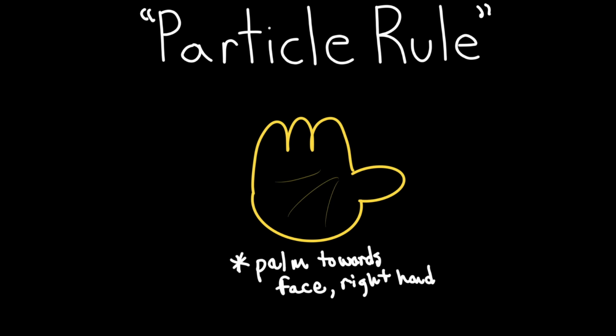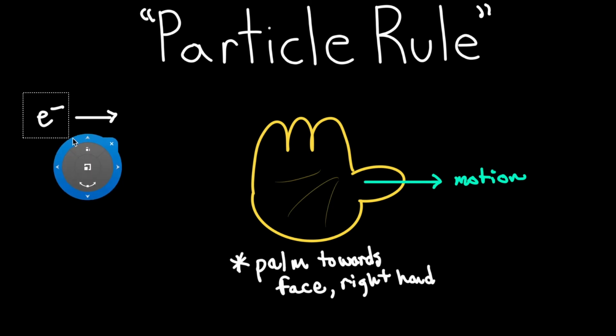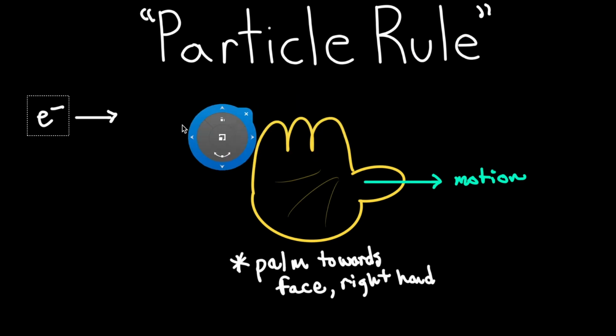The next rule that we need to know is usually for particles, though sometimes we use it to figure out the force on objects. And with that one, what you need to know is the direction of motion of the particle. And this is for positively charged particles, because let's say you have an electron which is negatively charged, and it's moving this way. What's going to end up happening is that electron is actually going to move to the side.